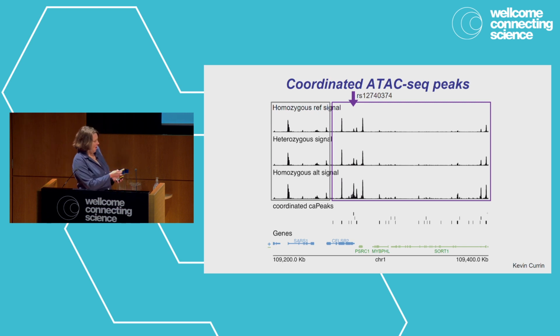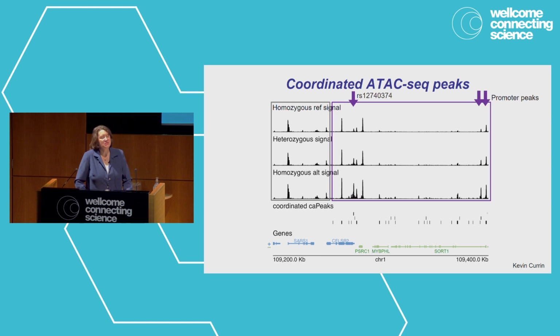All of the peaks represented here are stronger, more accessible in this homozygote than they are in the other allele. So this peak gets stronger, then weaker, same over here and over here.